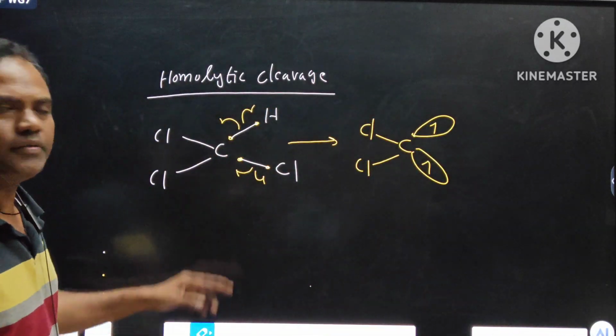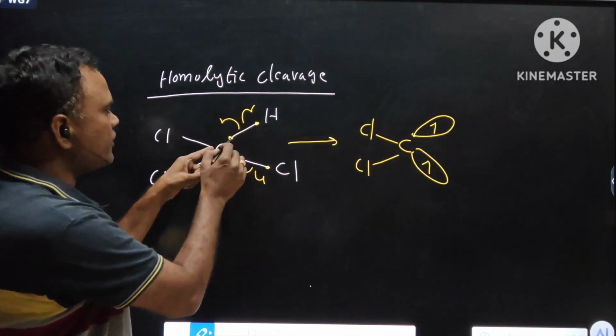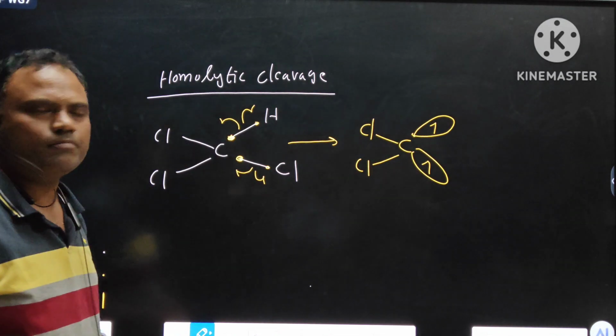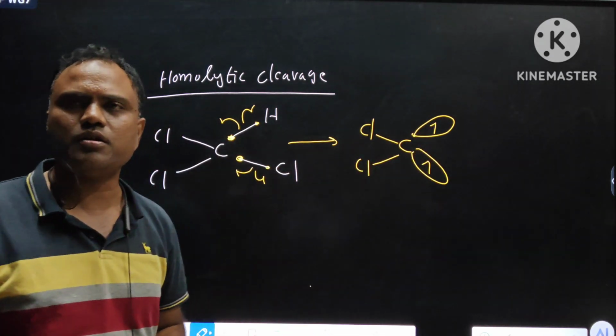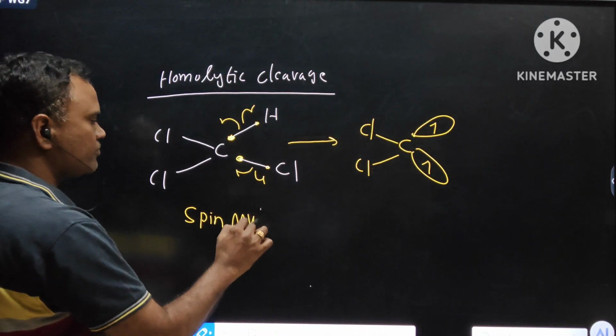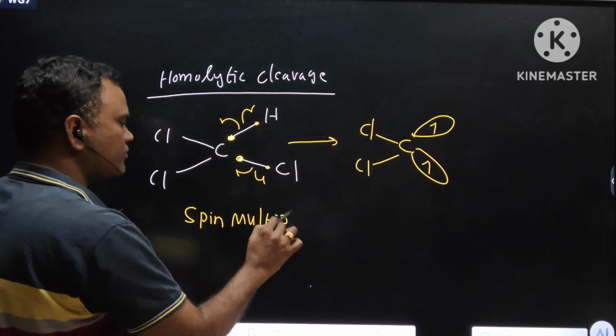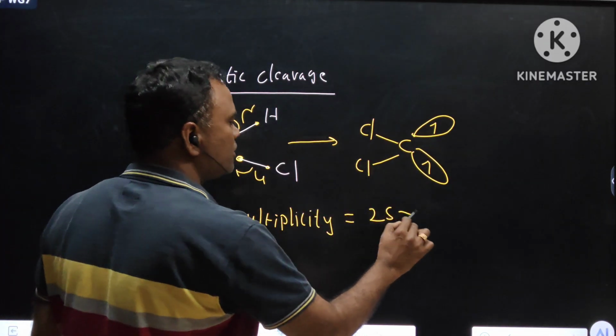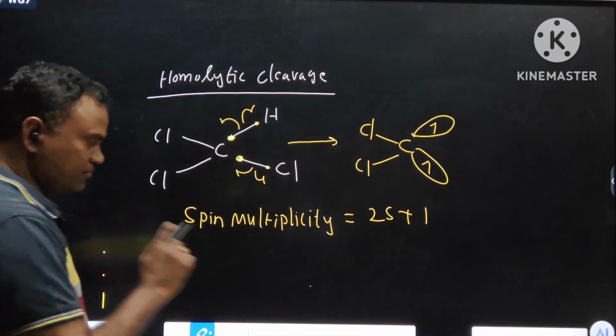In the homolytic cleavage, in this orbital one electron will come, and here also one electron will come. One electron and one electron. So spin multiplicity. Tell me the spin multiplicity. What is the formula? 2S plus 1.